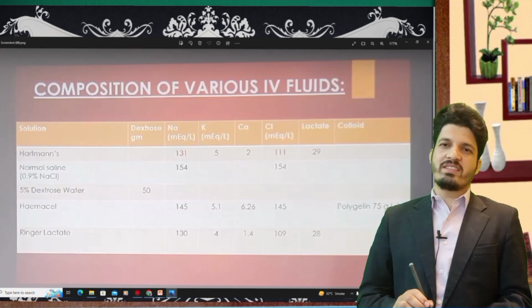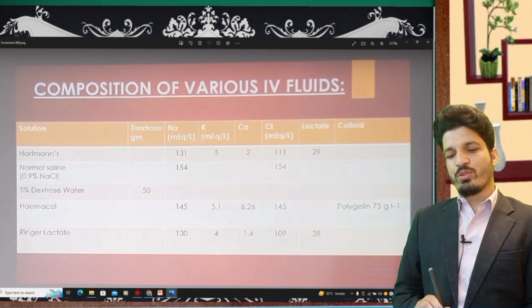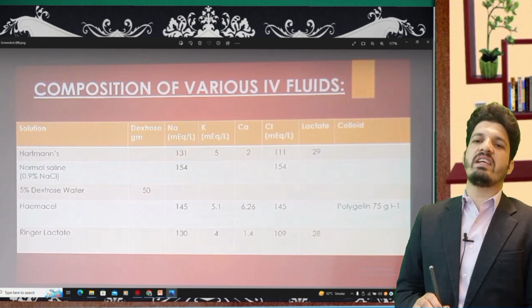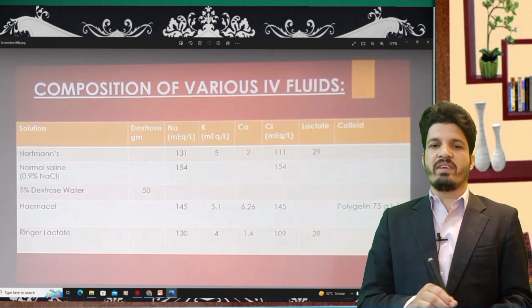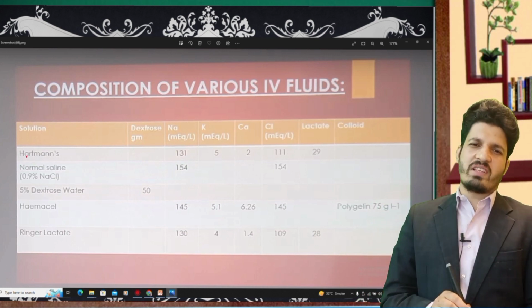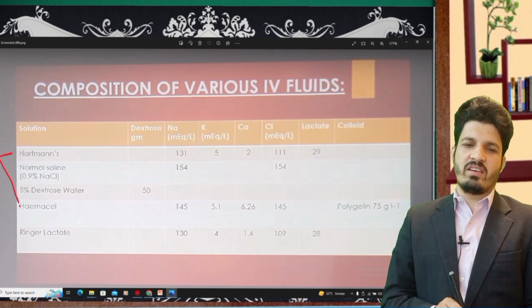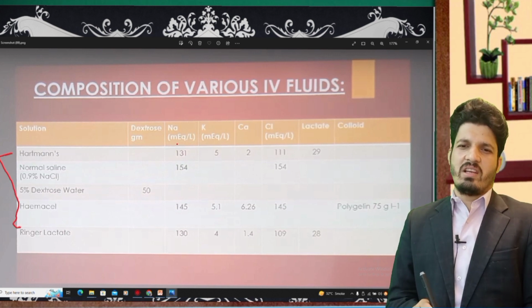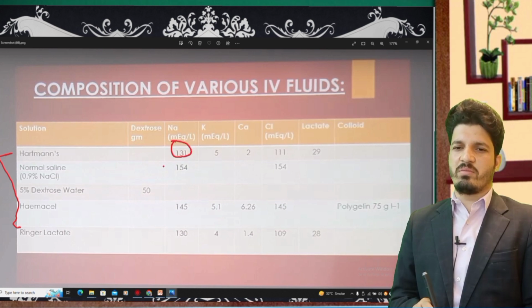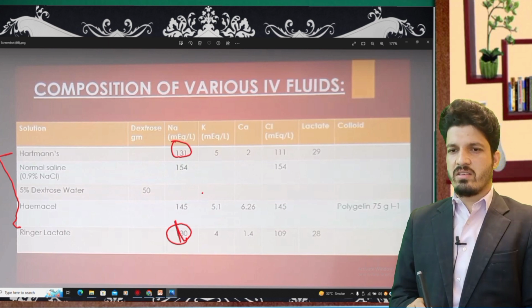So now this is the most important slide, the composition of the various IV fluids. You must have it on your fingertips. Most of the time Hartmann and Ringer are considered the same, but there is a slight difference, like the sodium content: it's 131 in the Hartmann and 130 in the Ringer lactate.